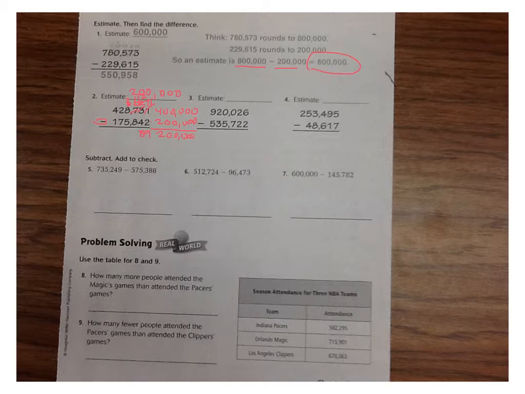So we have to take 1 from this 8, and that becomes a 7. Let me write in blue now so you can see. So this becomes a 7, and we can add that 10 to the 6. So what's 10 plus 6, everyone? 16. Good. Now 16 minus 8. We know that one. What is that? 8. Good. Write it down.